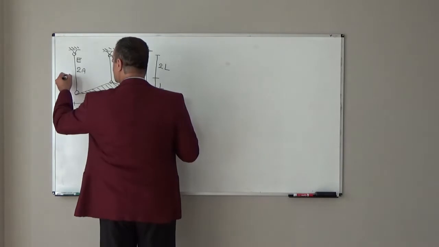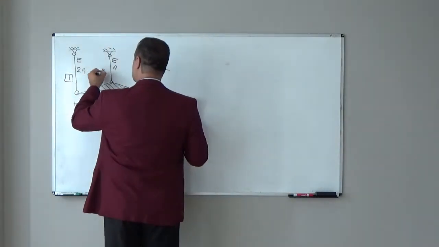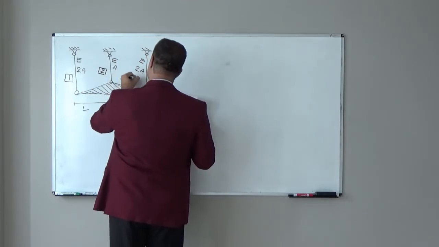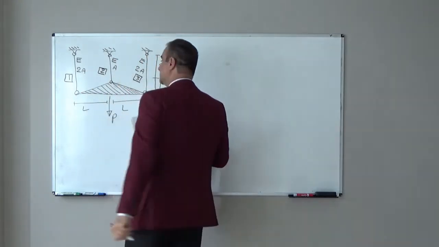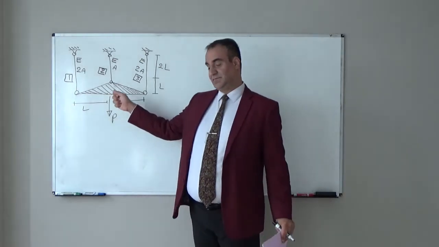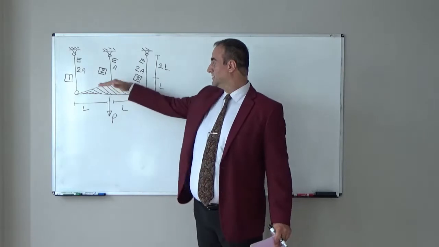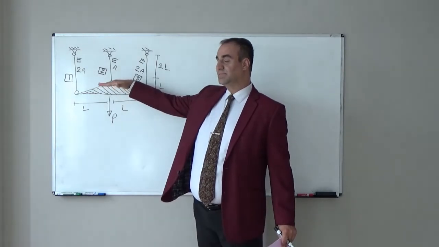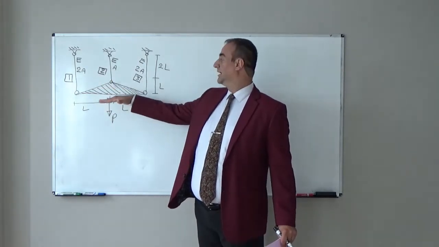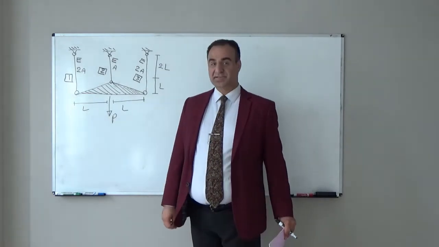Let's put a name for each rod. This is rod 1, this is rod 2, this is rod 3. What will happen if I apply P here? If I pull this system, what will happen? This rigid plate will move down and it will not rotate. Why? Because it is a symmetrical system.